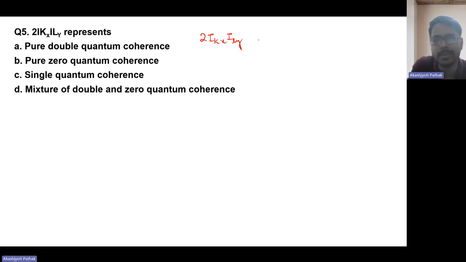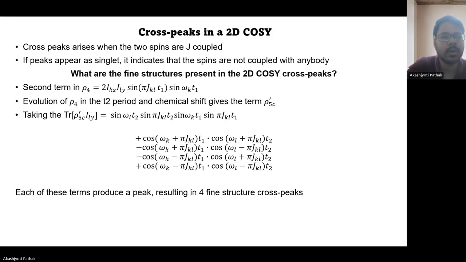Any of these terms, 2I_Kx I_Ly, or 2I_Ky I_Lx, or 2I_Kx I_Lx, all represent a mixture of double and zero quantum coherences.